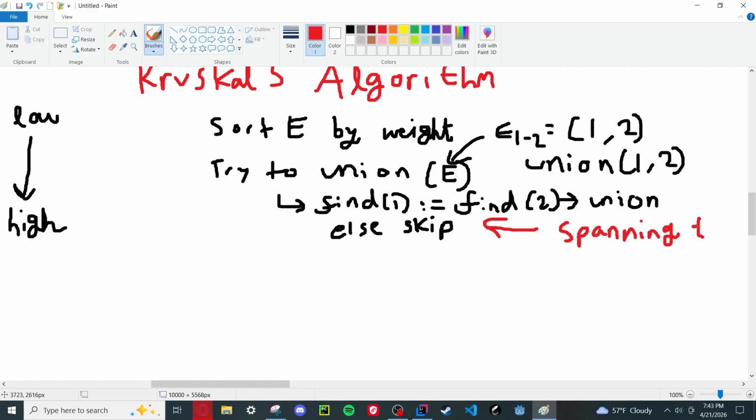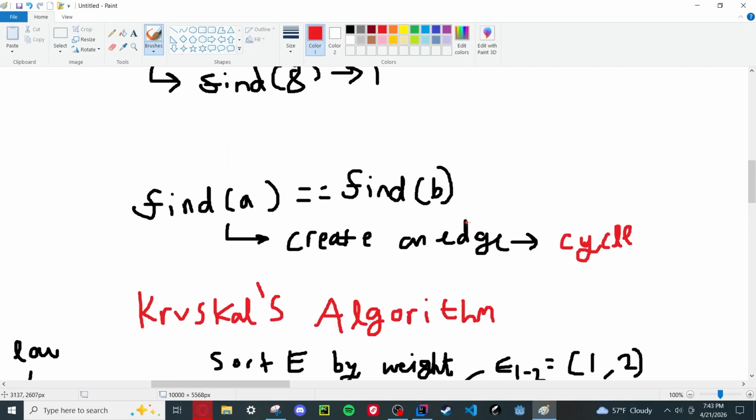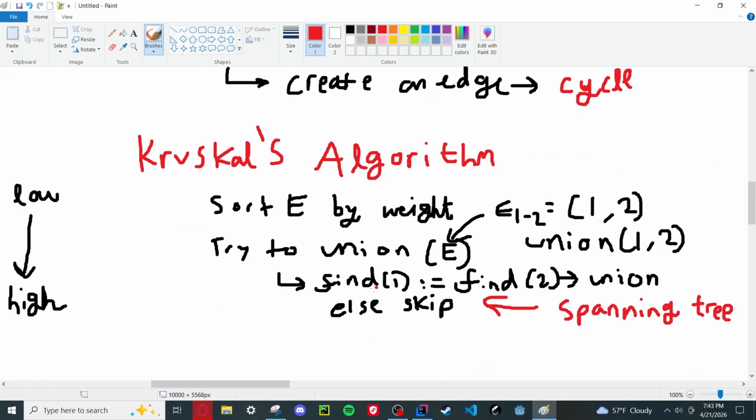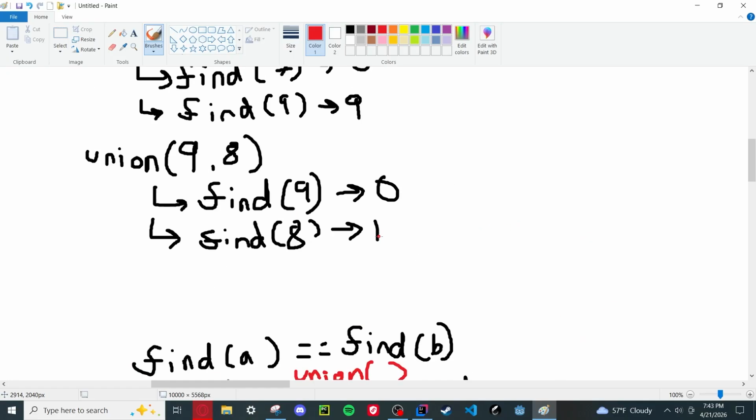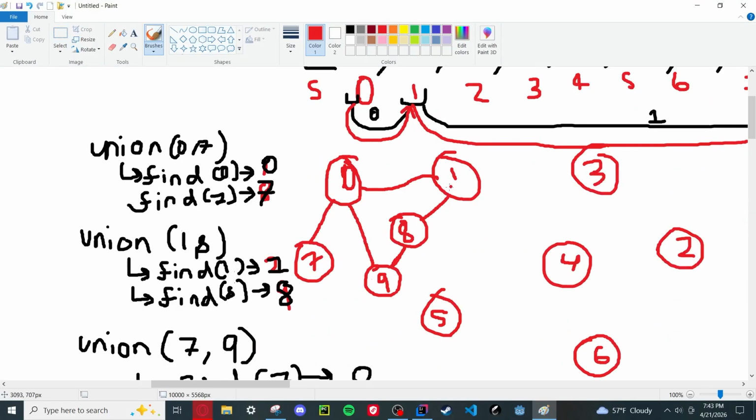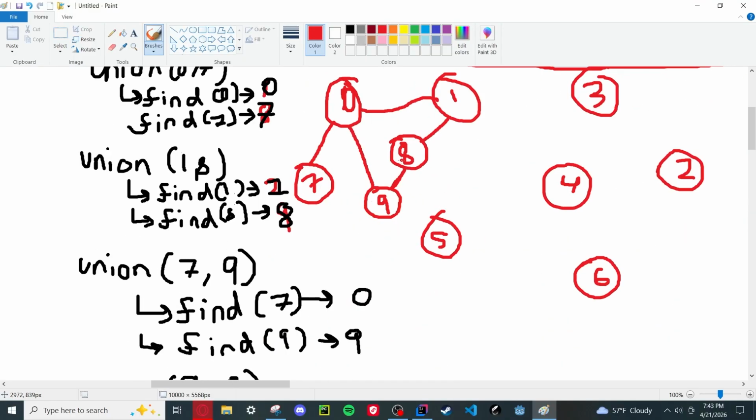So by skipping, or creating the union of edges, and by union I mean, it's not really union, but the code looks like it's union here, and then we're creating an edge between them, essentially. We're adding it to the edge list. So it might be union here, but it also represents basically creating an edge.